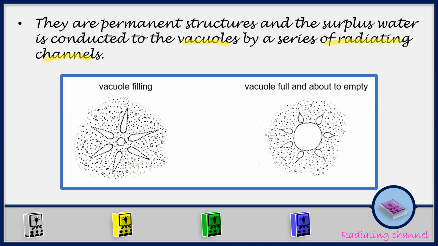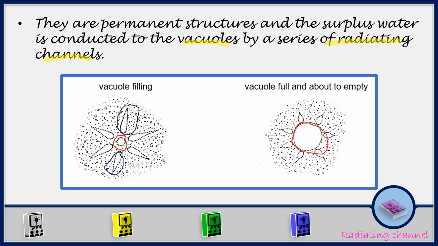And you'll see that it has other organelles attached to the contractile vacuole, which we are calling the radiating channels.